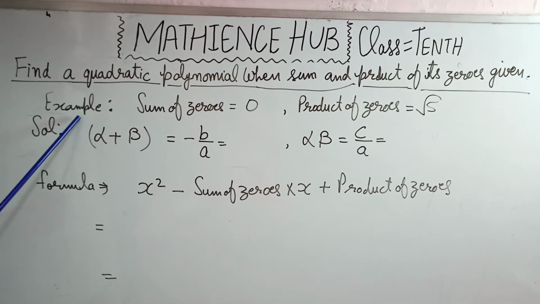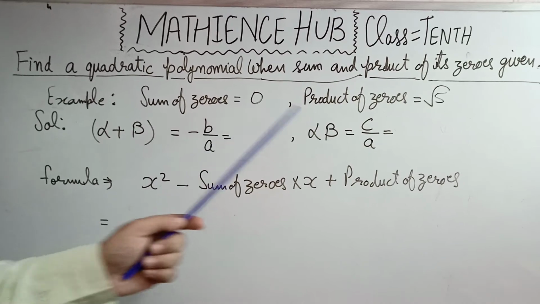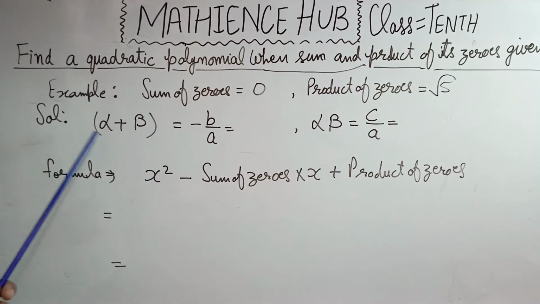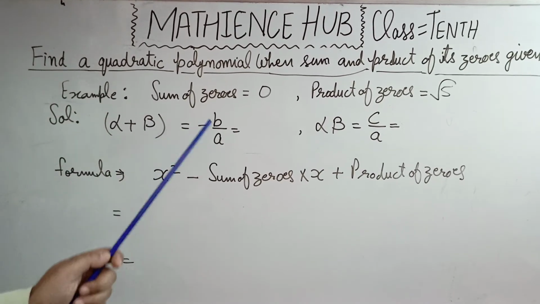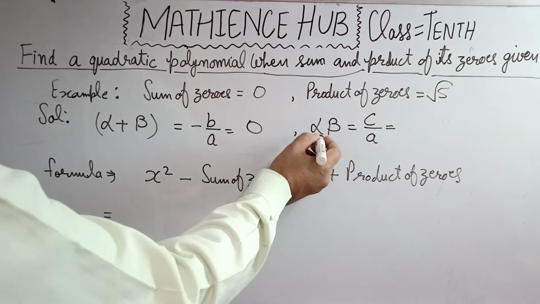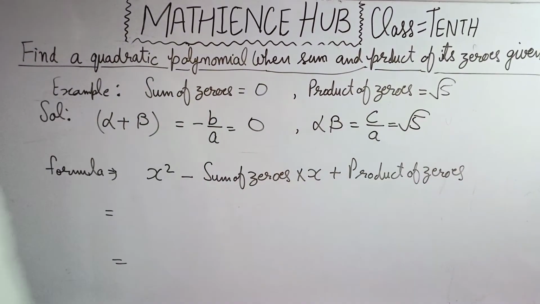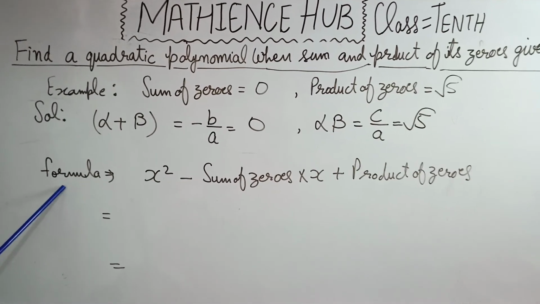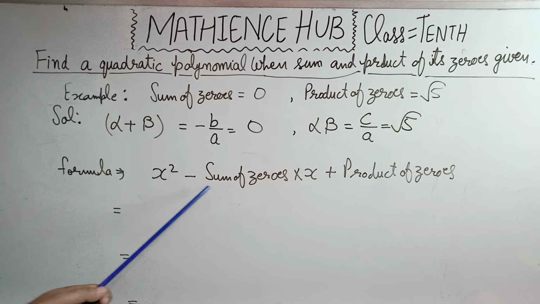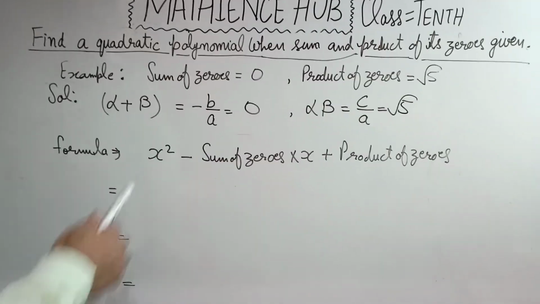Again we explain: the sum of zeros is 0 and the product of zeros is root 5. We know alpha plus beta, the sum of zeros, minus b upon a, is 0, and the product of zeros, alpha beta, c upon a, is root 5. We use the formula to get the quadratic polynomial: x square minus sum of zeros multiplied by x plus product of zeros.